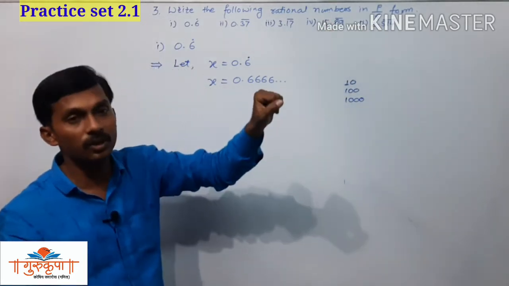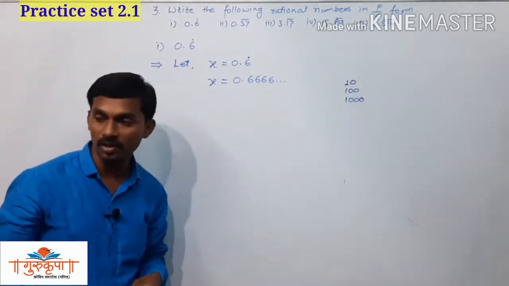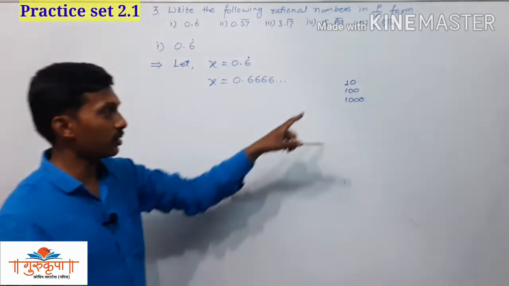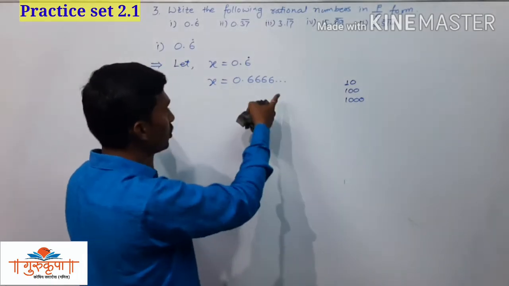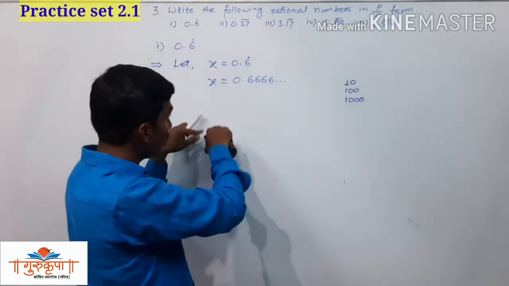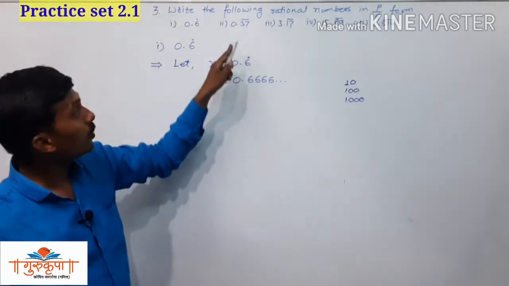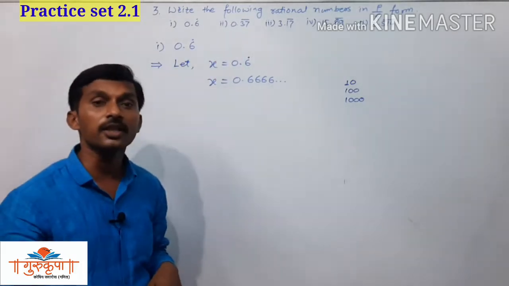In example number 5 we have to multiply both the sides by 1000. So how do we get that number? Whether we multiply both sides by 10, or by 100, or by 1000, it depends upon how many digits get recurred.